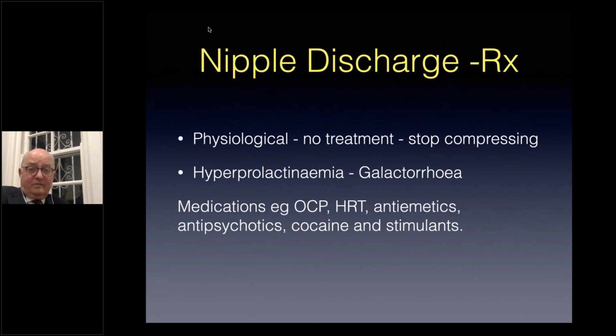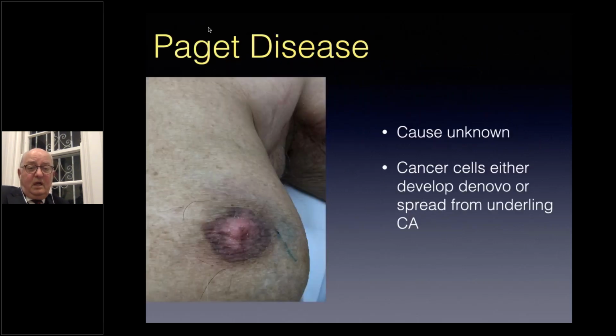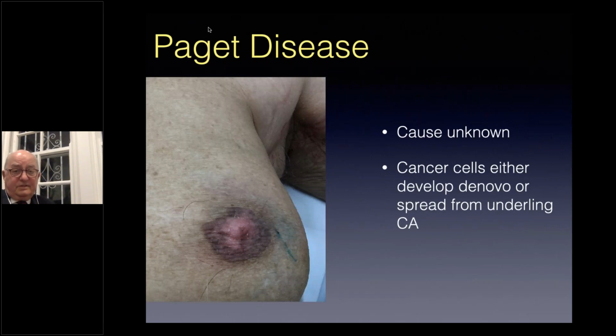I've put this slide up just because you may or may not have seen Paget disease, and it's part of the nipple abnormality spectrum and the one that everybody's frightened of. If you look at this slide, you'll see that the areola is really quite normal, but the nipple is quite altered. And with Paget disease, the nipple has to be altered.